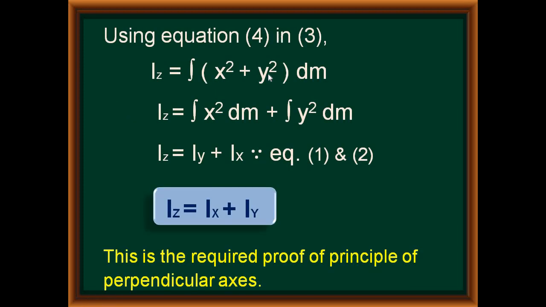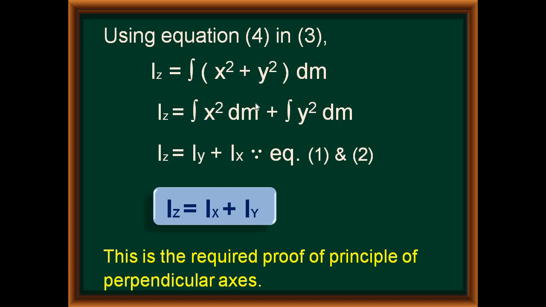If we substitute the values from the equation 3 and 4, we can write Iz is equal to integration of r² dm. But r² is nothing but x² plus y². Therefore integration of x² plus y² with respect to dm. Now Iz can be modified as integration of x² with respect to dm and integration of y² with respect to dm, the addition of the two.